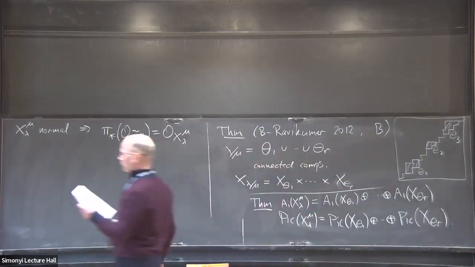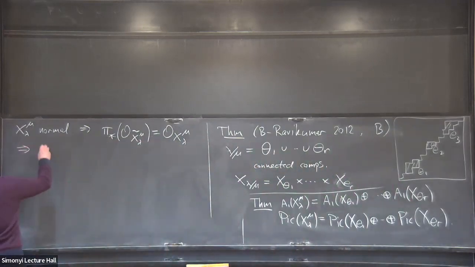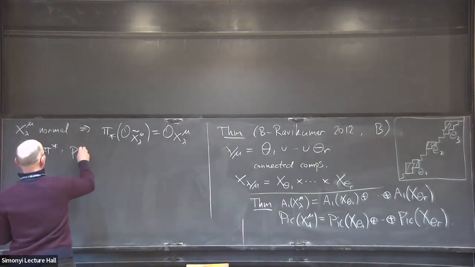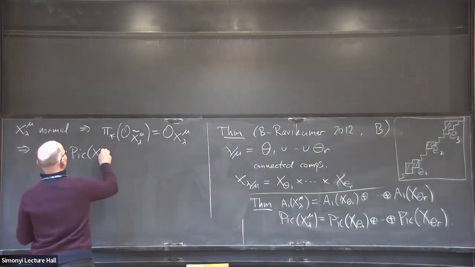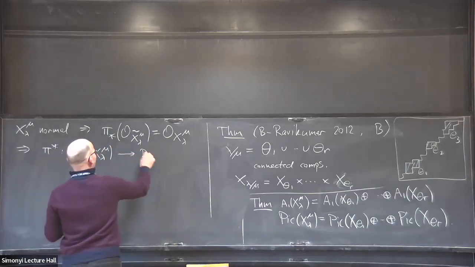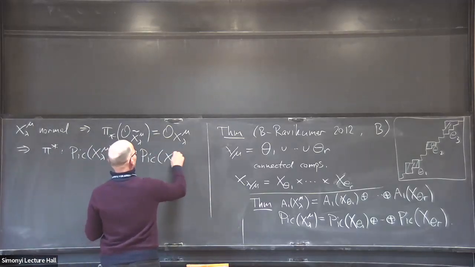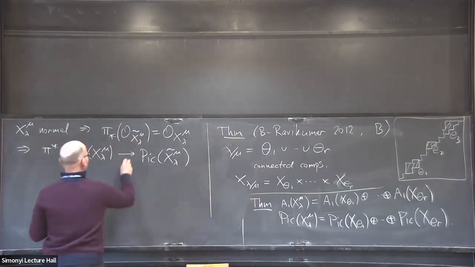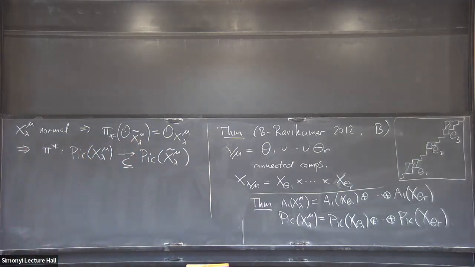And what that means is that the pullback of line bundles from the Picard group of the Richardson variety to the Picard group of the resolution is always injective. Exercise, projection formula, easy.